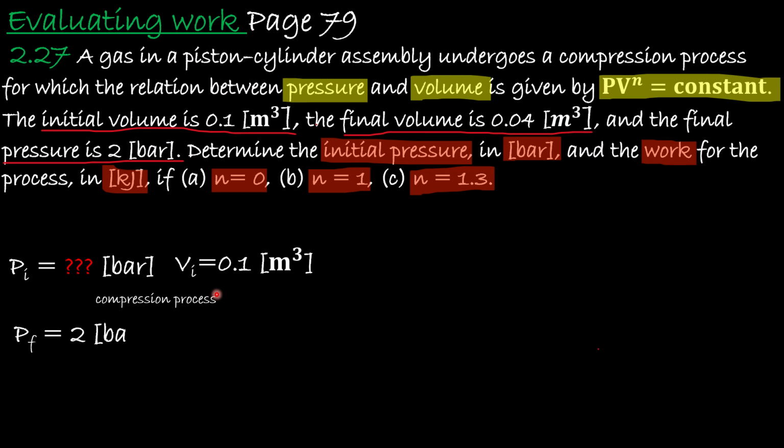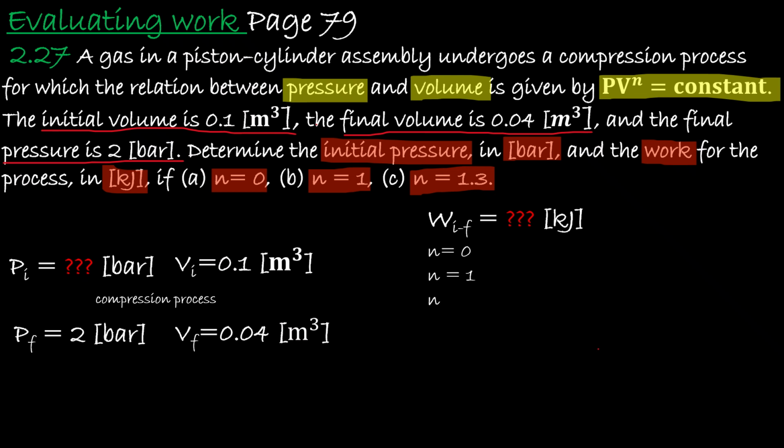So that means the final pressure will increase to 2 bar, but the final volume will decrease, which is 0.04 meter cube. Here we are asked to find the work from initial to final state in kilojoules, for each one of these polytropic indices: n equals 0, n equals 1, n equals 1.3.